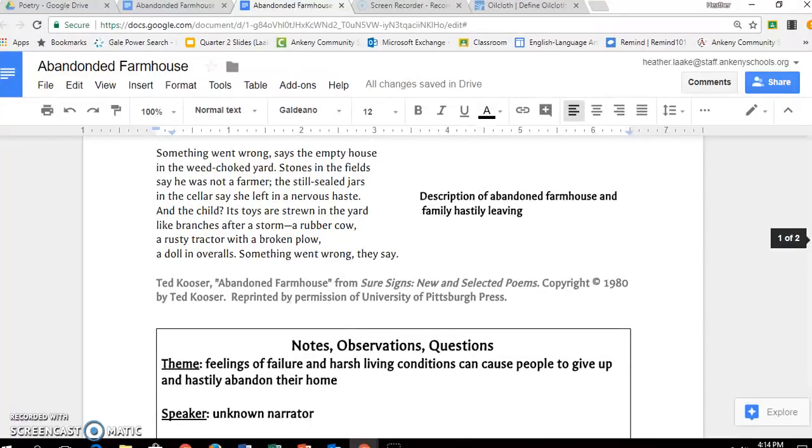Okay, let's check to see if you found alliteration in the third stanza. So the alliteration that I noticed was the S sound in still sealed jars in the cellar. Say, all of these have the S sound. Say, she left in a nervous haste.